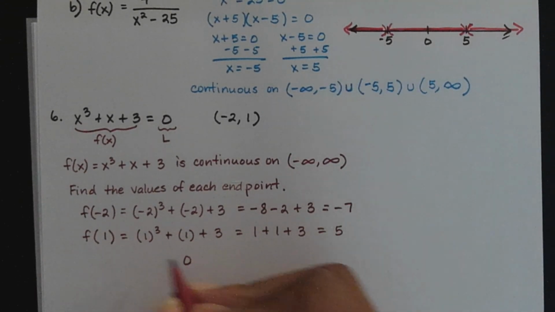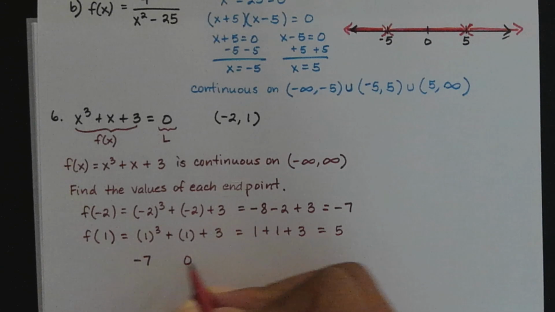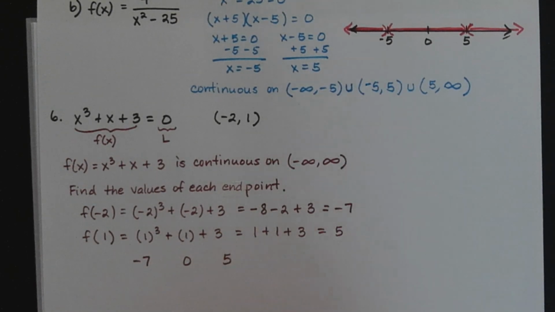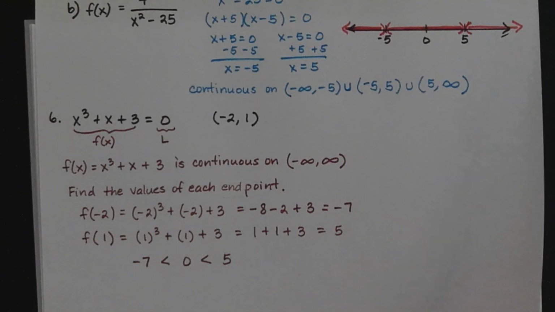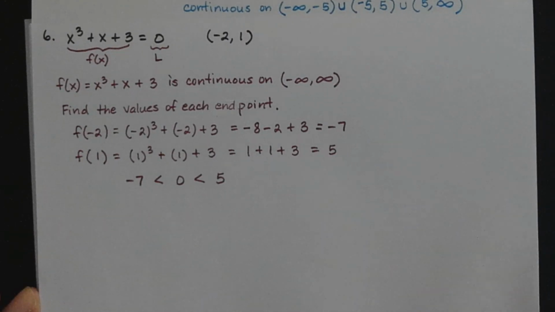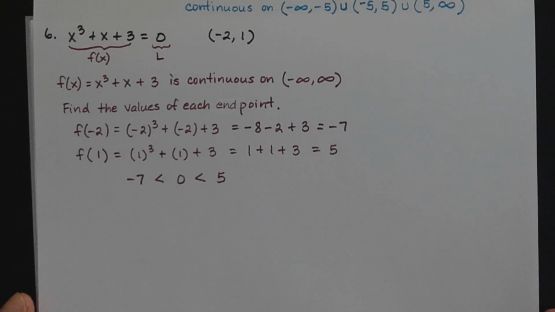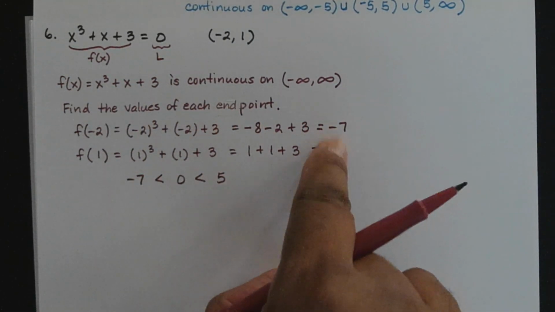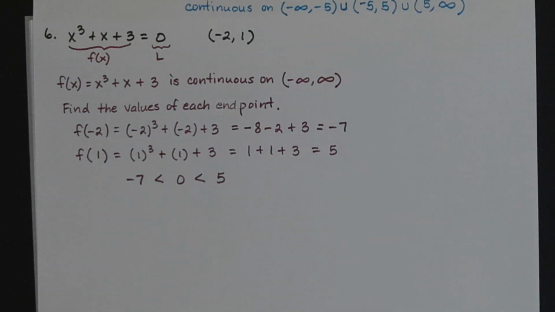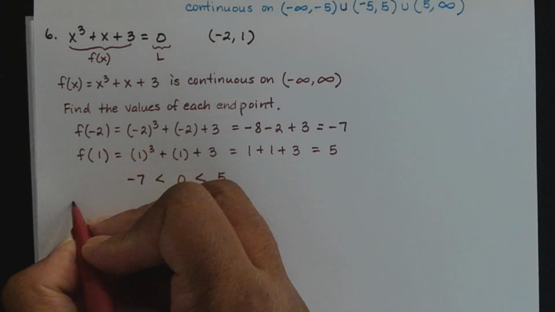Is this 0 between negative 7 and 5? Yes, it is. So that means the intermediate value theorem can be used, because this has to be between these two numbers, negative 7 and 5, which it is. Now, the next thing is using the graphing calculator.